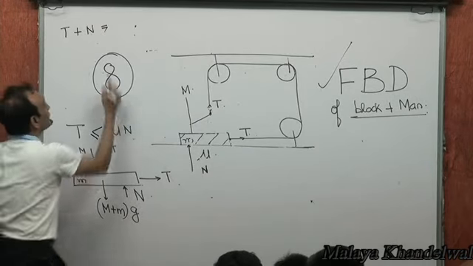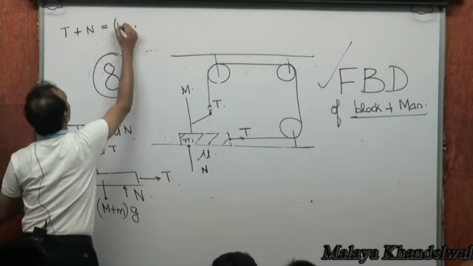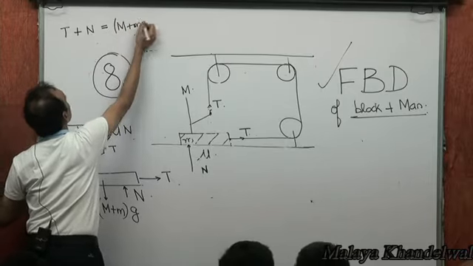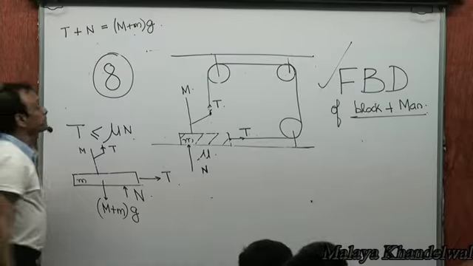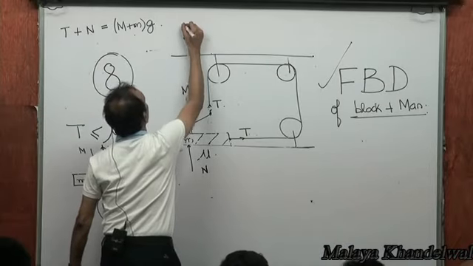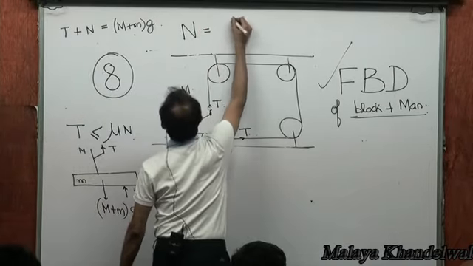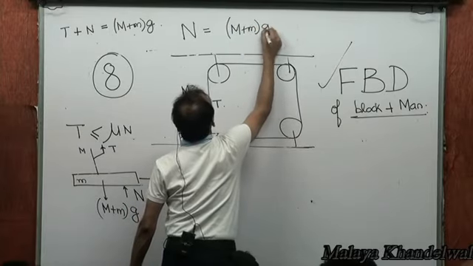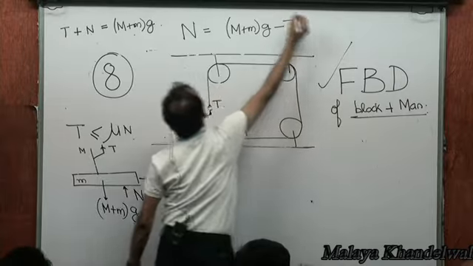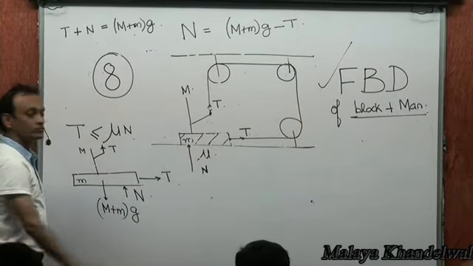T plus N must balance M plus small m into g. Giving me access to N, which is what my objective was: N equals M plus small m into g minus T. Yes or no?